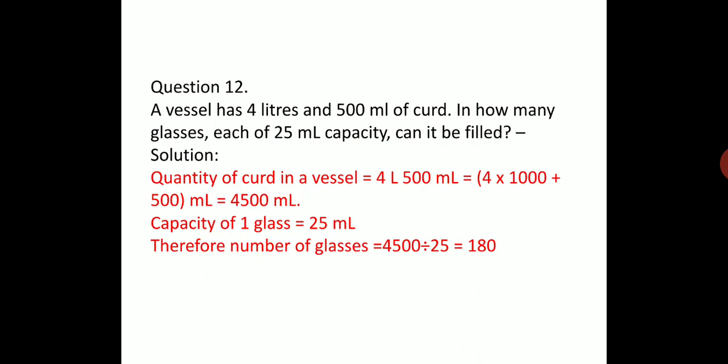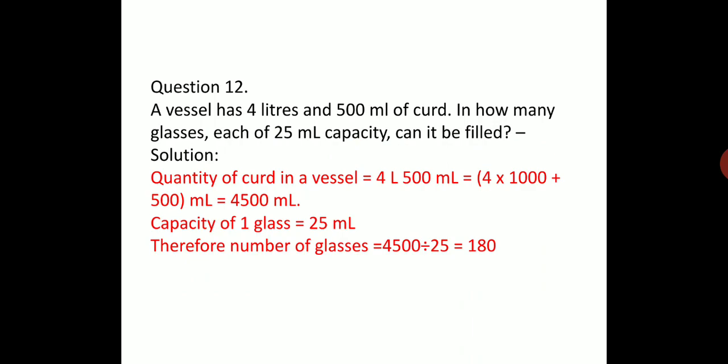Now question number 12. A vessel has 4 liters and 500 ml of curd. In how many glasses, each of 25 ml capacity, can it be filled? Now the quantity of curd in the vessel is how much? 4 liter 500 ml. I'll convert this into ml. The answer is 4500 ml.